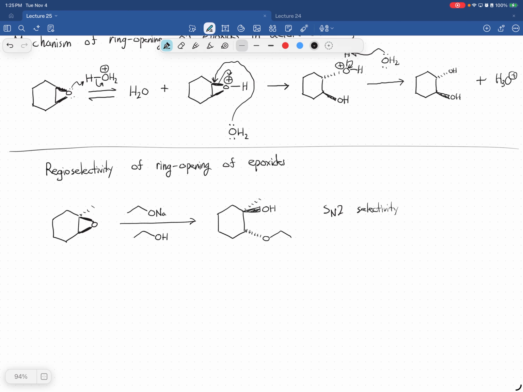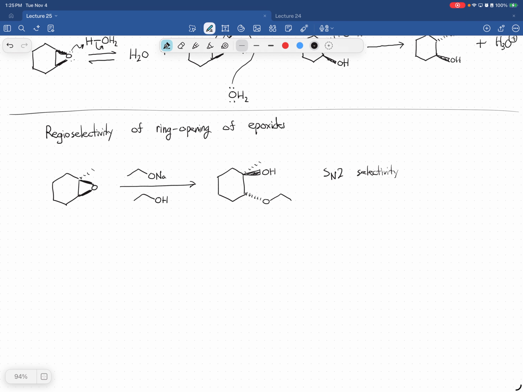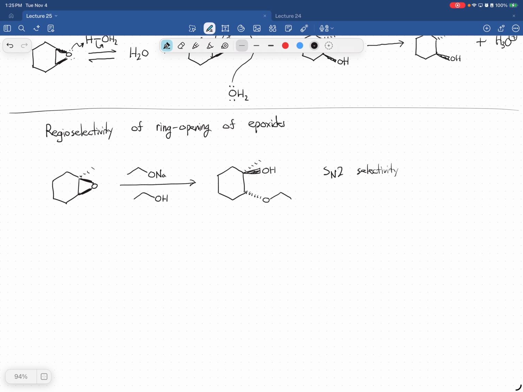All right. So let's explain how this mechanism works.